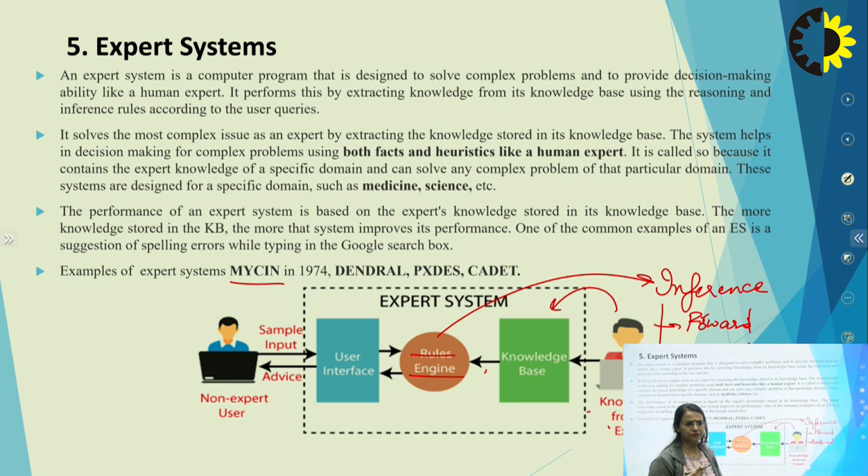In this, the upper body scanning is done, and the scan is in the form of a shadow, and after scanning those shadows, the harmful areas are detected in this expert system. CADET is basically used to detect cancer in the very early stages. So these are a few of the examples that are used nowadays.